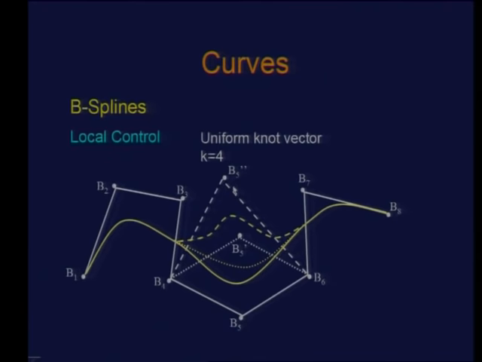So, when I moved B 5, basically the curve for the spans of B 3 B 4 and B 4 B 5 and spans for B 5 B 6 and B 6 B 7 alters. Okay. The spans covered by, let us say, plus minus k by 2 from the point which is moved, right. So, that shows the local control, and that is what we wanted to have to start with.